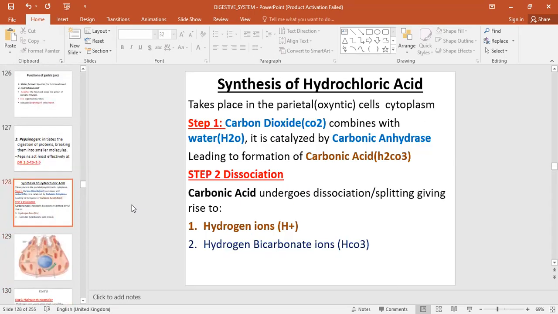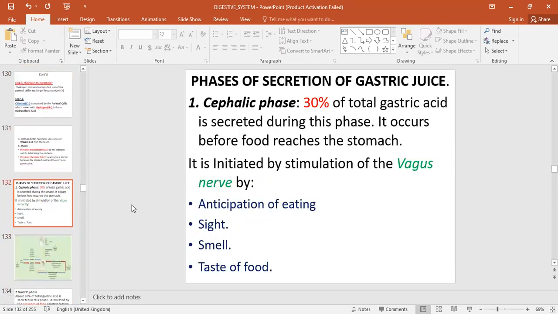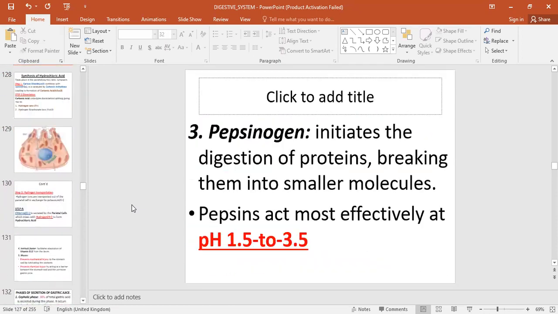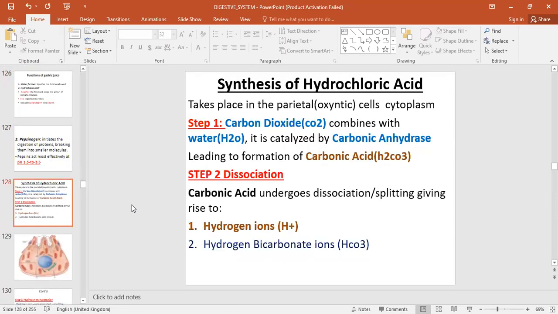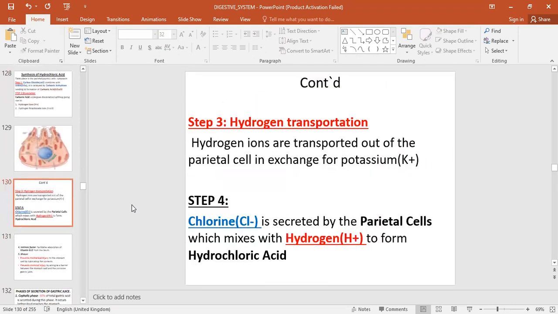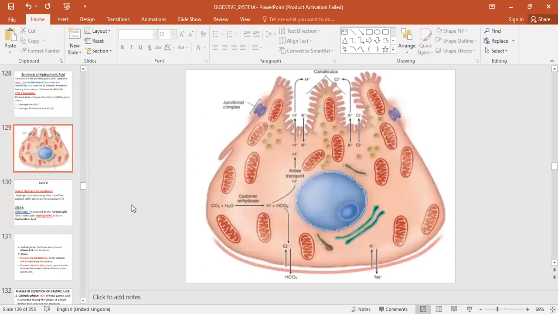Okay. Then here what we have is a process of how hydrochloric acid is synthesized. I usually like posing this question to students. So it's best that you understand this process quite well. So there are about 3 or 4 steps involved in formation of hydrochloric acid. Okay, the first process is water mixing with carbon dioxide inside parietal cells, or what we call oxyntic cells.